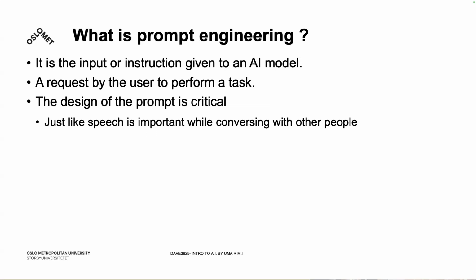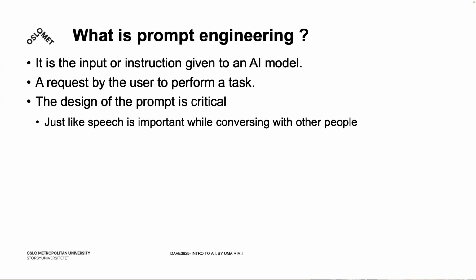Right now we are communicating in English, but we could also use another language like Norwegian. So first we define the parameters: which language should we communicate in. The second thing we define is how we communicate. There are multiple ways I can communicate with you. I can talk like a 5-year-old or a 10-year-old or a 15-year-old, and so forth. Or I can talk to you like a person who was born in the 1800s.